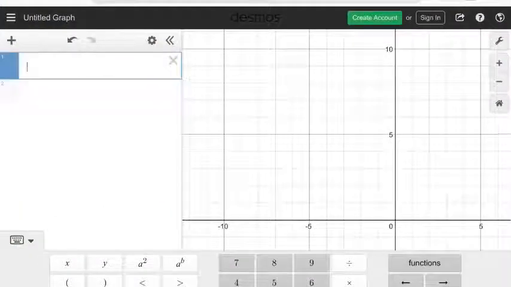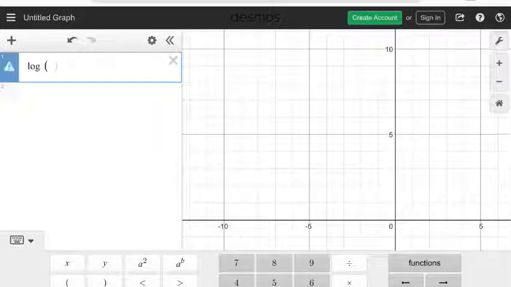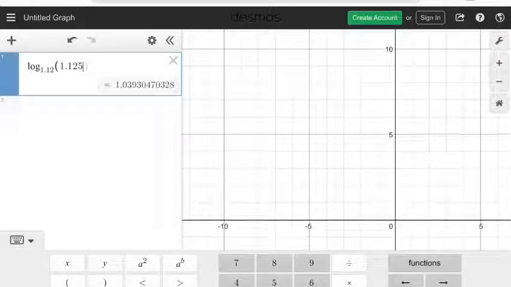We're going to exit out what we have. Function log A. We've got 1.12 in our parentheses, 1.125, and there's our answer. We've got 1.039, so on and so forth. So this question is talking about when will the town's population reach. So this one's not talking about people, it's talking about years.